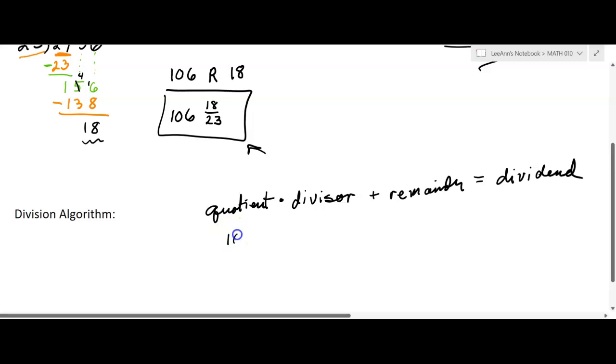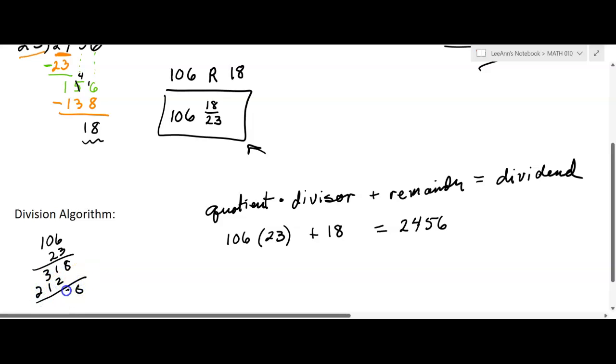So it's 106 times 23, the divisor, plus the 18. That has to equal the dividend, 2,456. So we can check that. What's 106 times 23? We're getting a lot of old school math here.